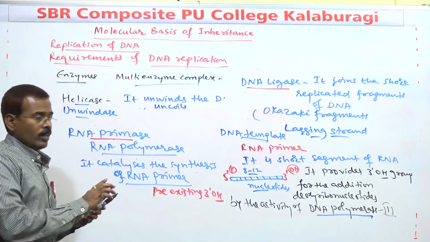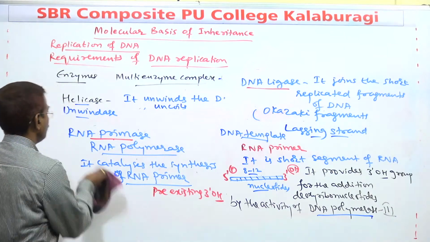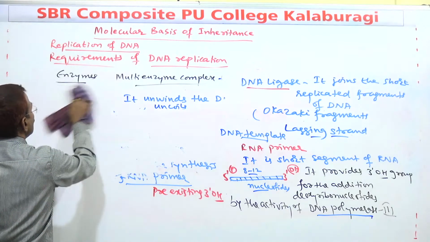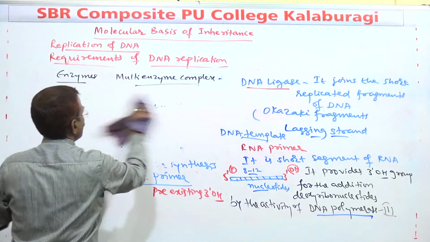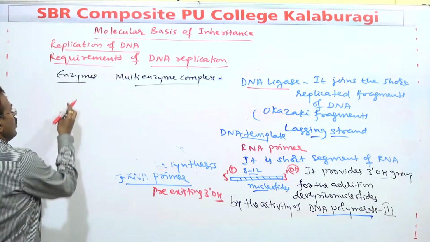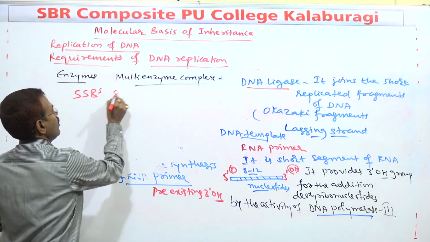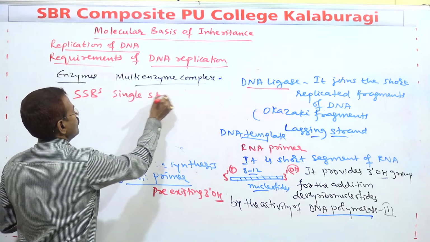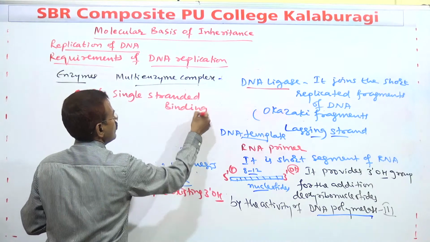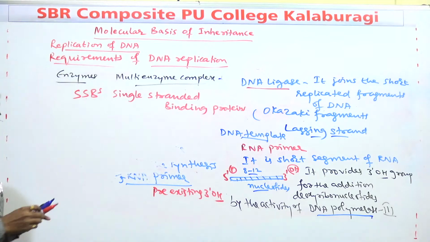Then you need specific proteins here in the replication. These proteins are referred to as SSPs, single-stranded binding proteins.